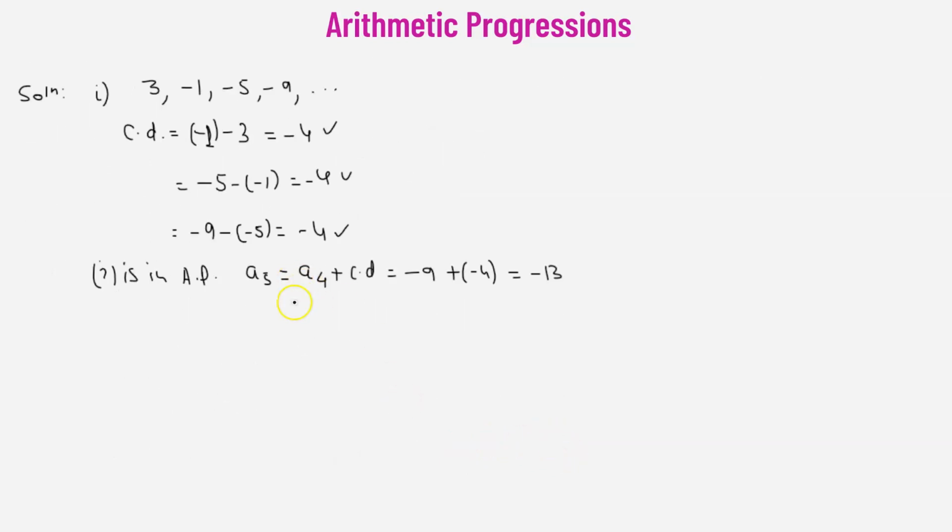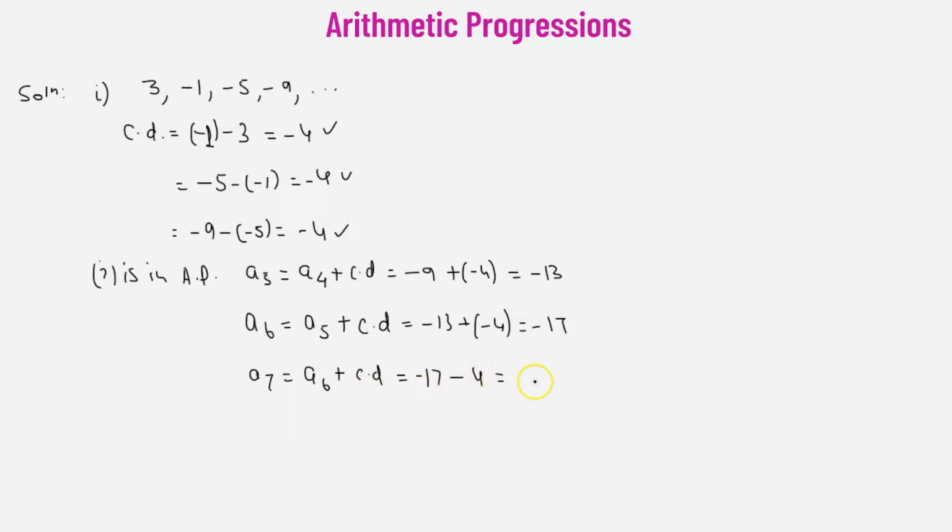To find the 6th term, we take the previous term, that is A5, and to it we add the common difference. So this is -13 plus the common difference -4, which is -17. Then A7 is going to be A6 plus the common difference. The previous term A6 is -17, -17 minus 4, so this is going to give us -21.